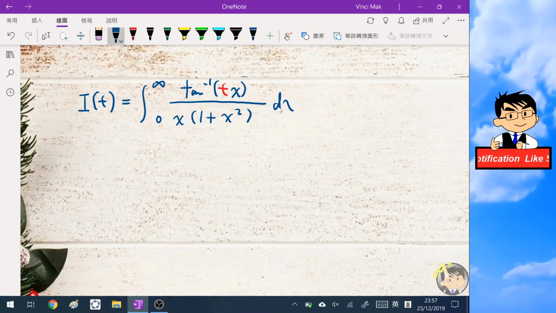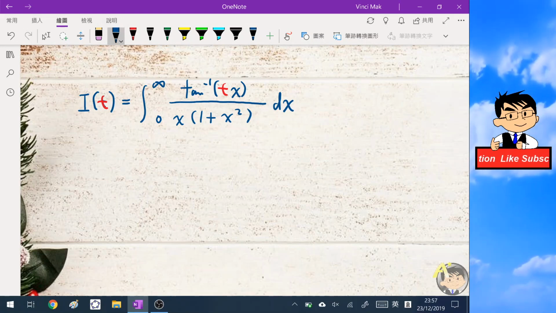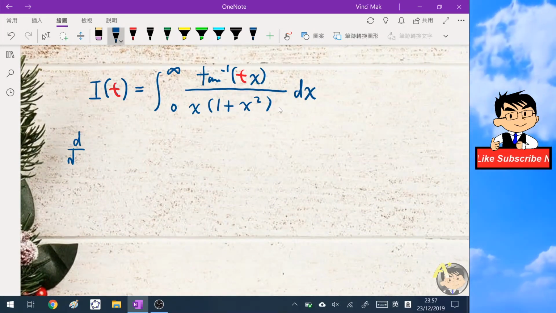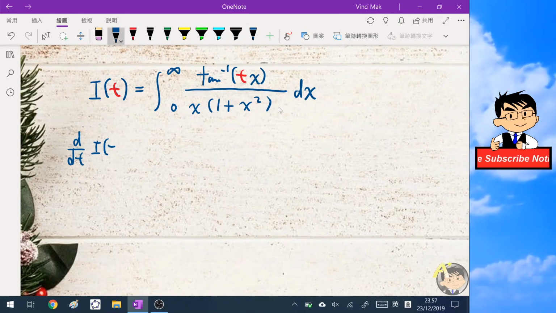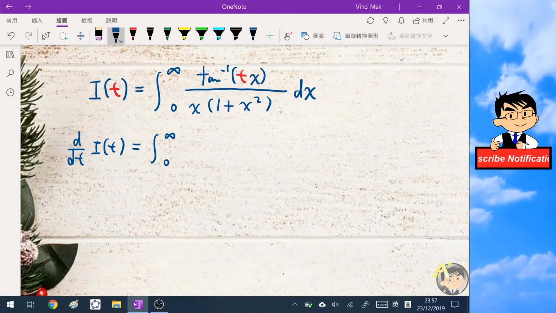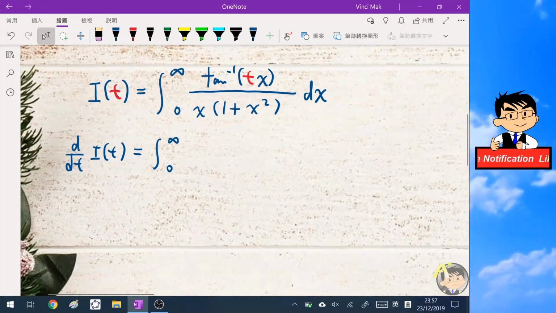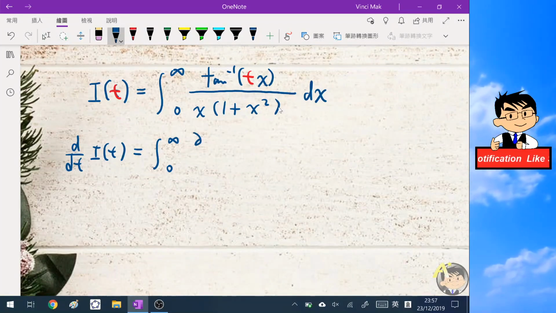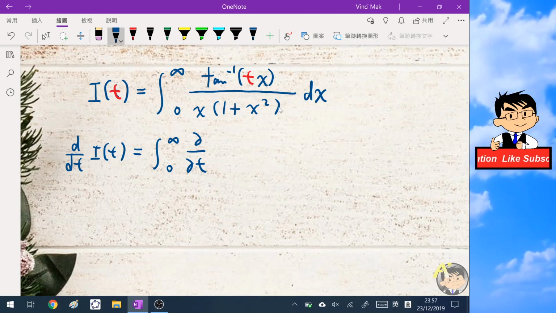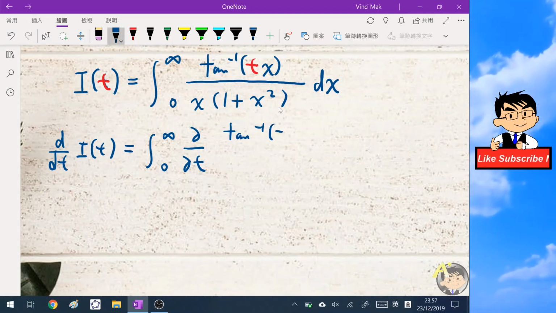So now I will define this integral like this, and then we will differentiate this integral with respect to t, and as the derivative goes inside the integral, it will become a partial derivative. So we'll have a partial derivative with respect to t, and then I will copy the integral again.